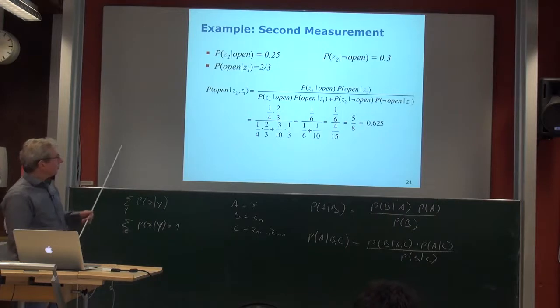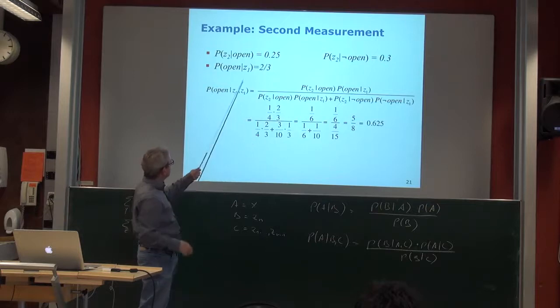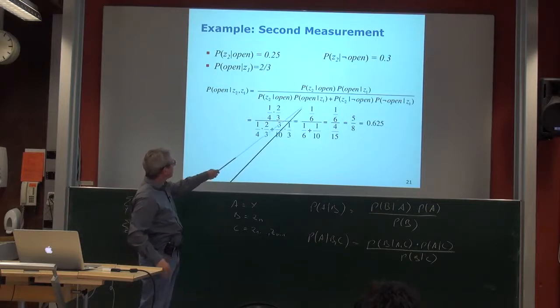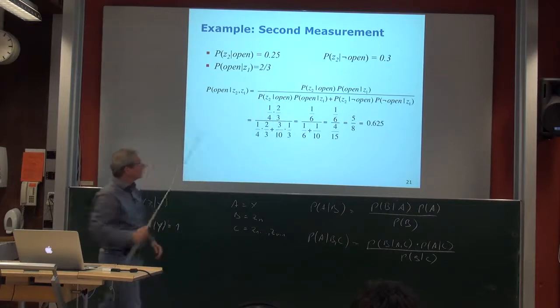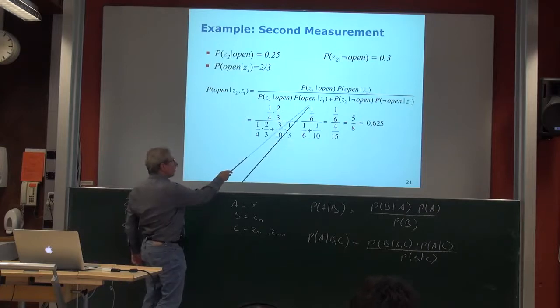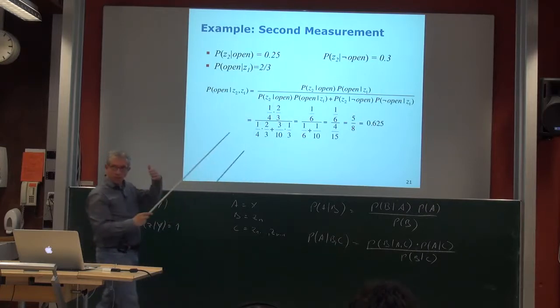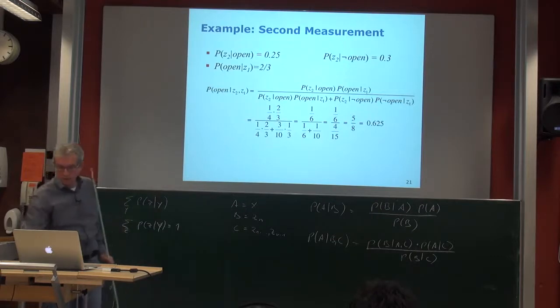All you need to do is this: this term over here is this one, and the left-hand side is this one. In here you put the old priors, which, when you have a second measurement, is the posterior of the former round. That's what you need to do there.